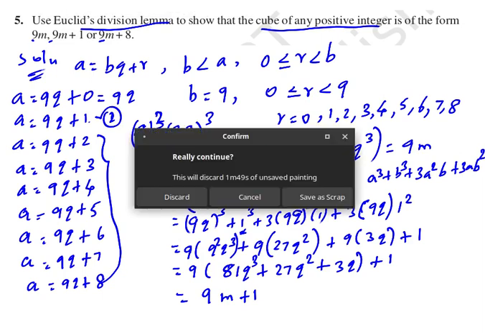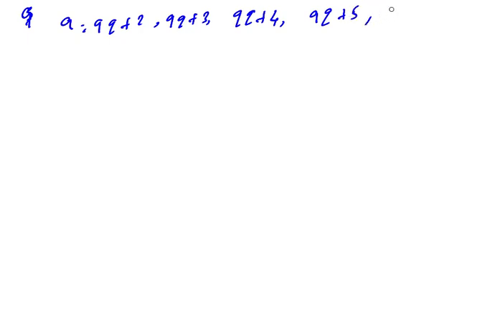So a equal to 9q plus 2, 9q plus 3, 9q plus 4, 9q plus 5, 9q plus 6, 9q plus 7 and 9q plus 8.